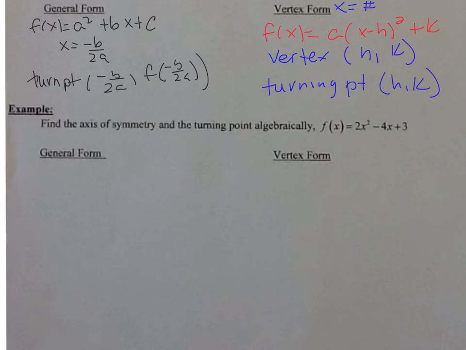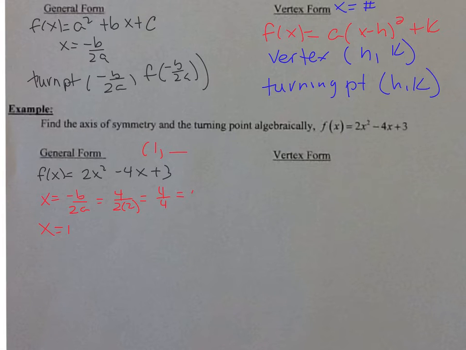It says, find the axis of symmetry and the turning point algebraically. So we're going to start with general form. So we have f of x is equal to 2x squared minus 4x plus 3. So to find the axis of symmetry, we're going to do negative b over 2a. So that's 4 over 2 times 2, 4 over 4, which is equal to 1. So I have x is equal to 1. So in my turning point, I have my x value is 1.